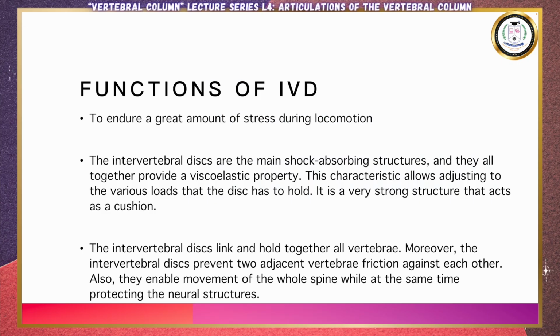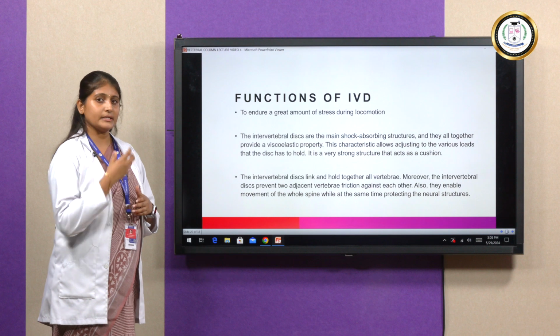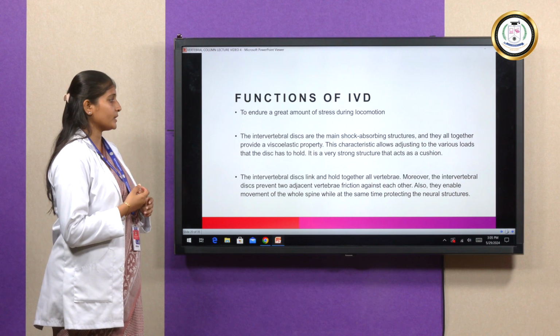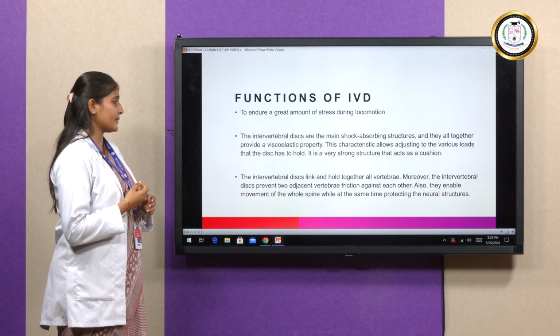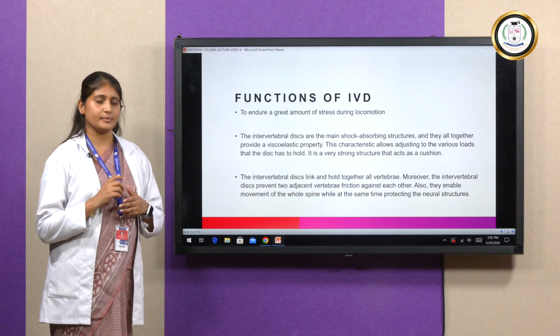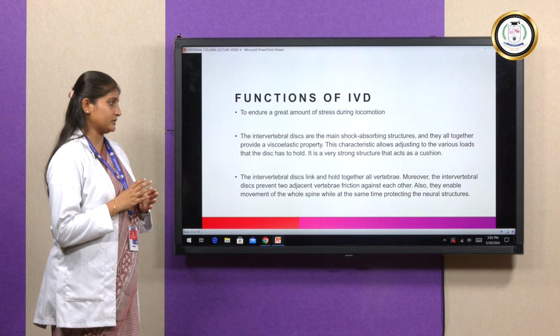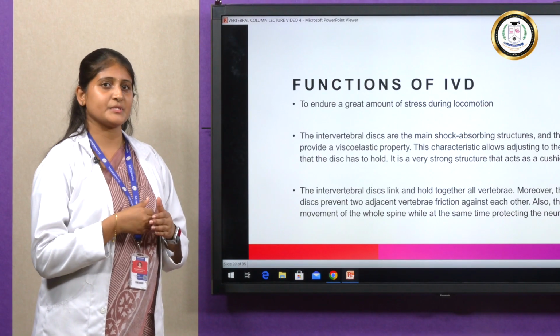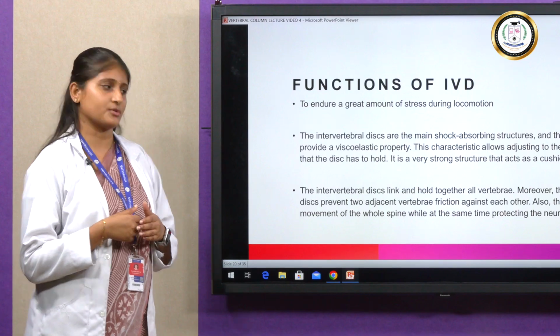It is a very strong structure that acts as a cushion. The intervertebral disc links and holds together all the vertebrae, and moreover prevents adjacent vertebrae from friction against each other. They also help in protecting the neurovascular structures.